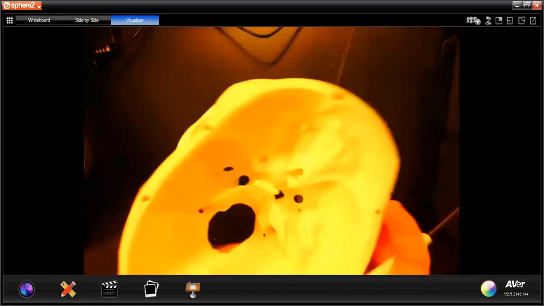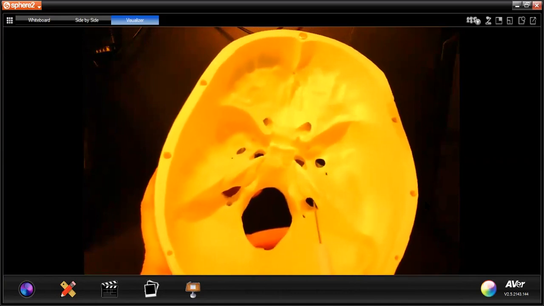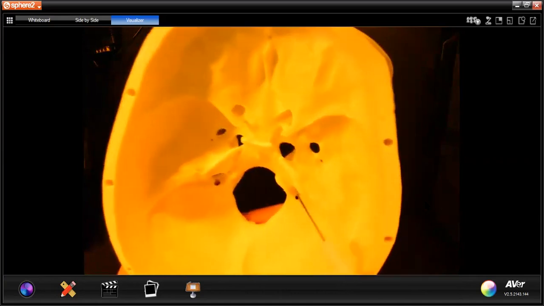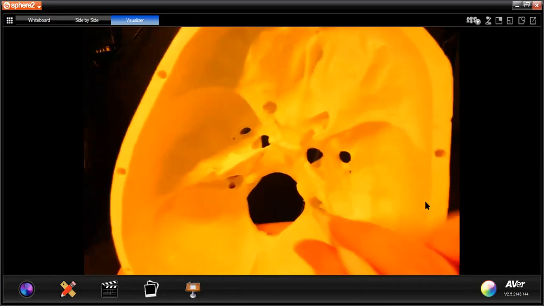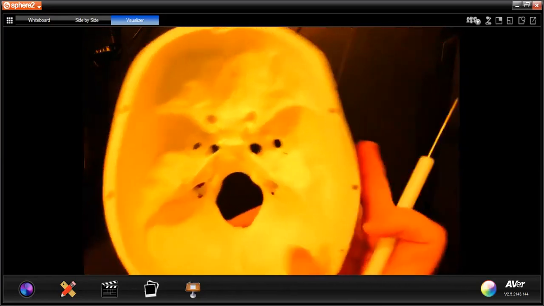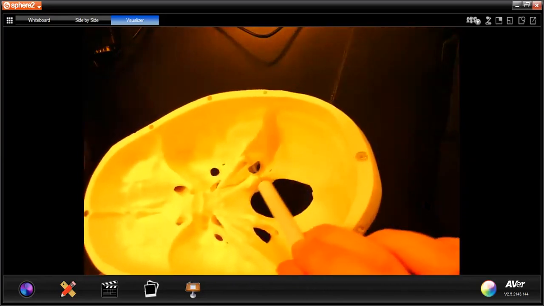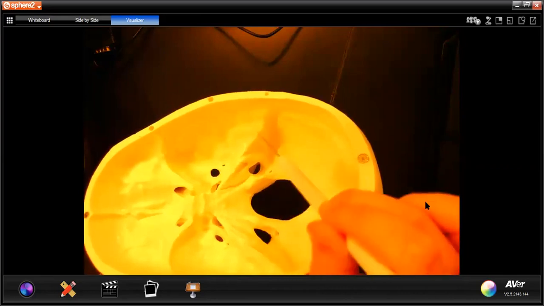Internal auditory meatus, we've already been through these, is this large opening in the back. The jugular foramen are the smaller ones behind that, which go through here. And then this ridge is the petrous portion of the temporal bone here.